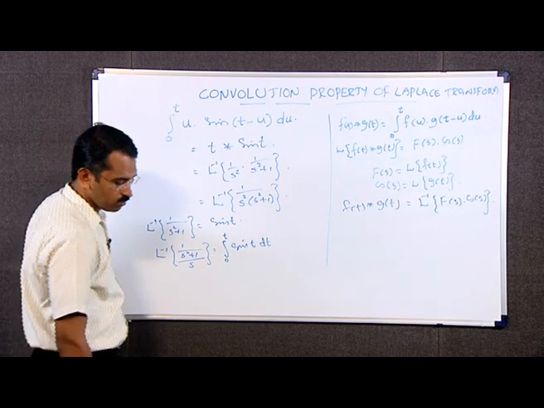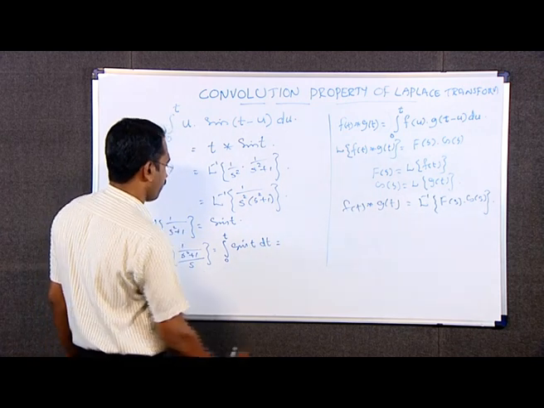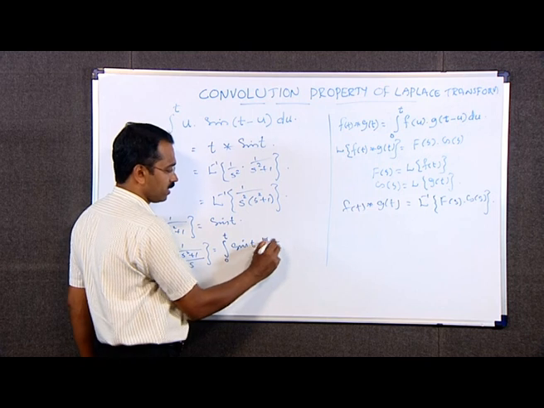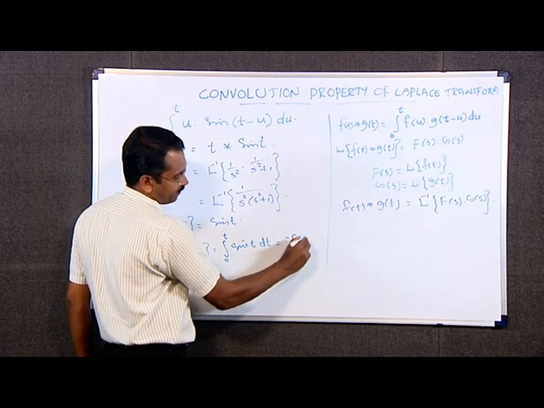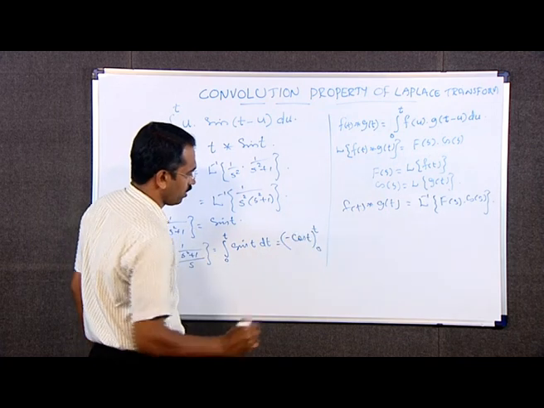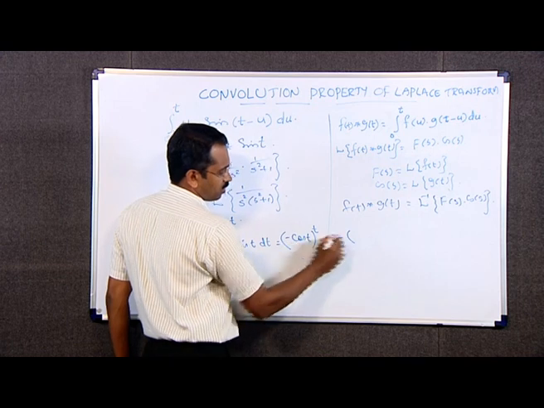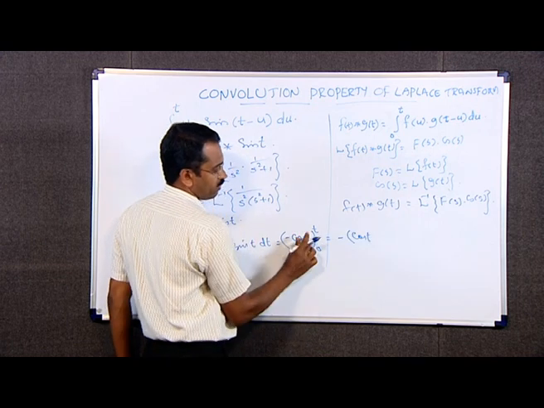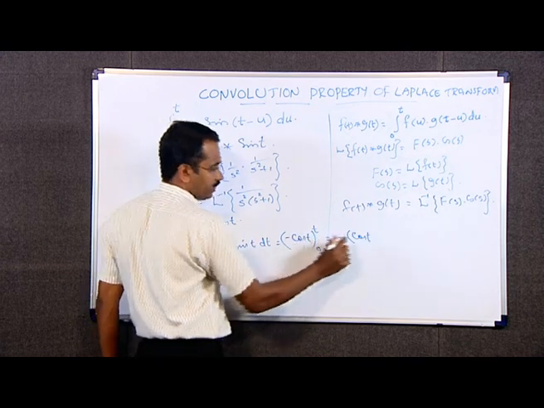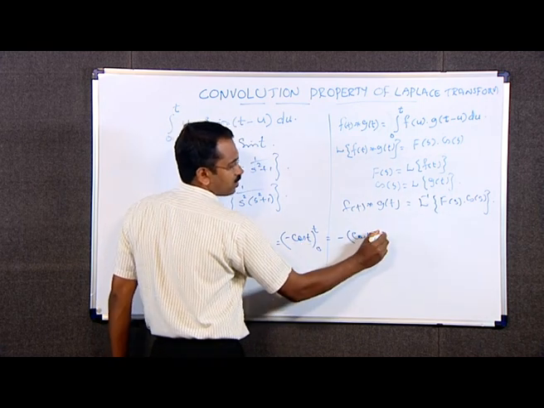which is equal to integral of sin t is minus cos t between the limits 0 and t, that is equal to minus of cos t, when we apply the upper limit it is cos t, minus when t equal to 0 it is 1.